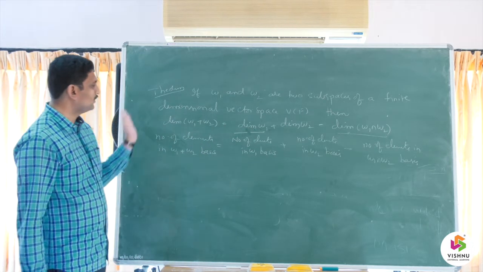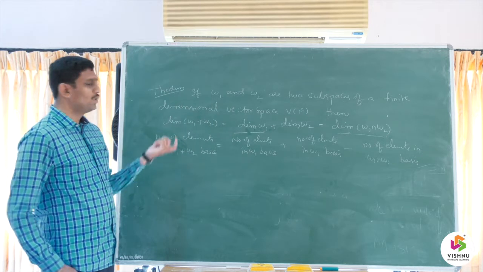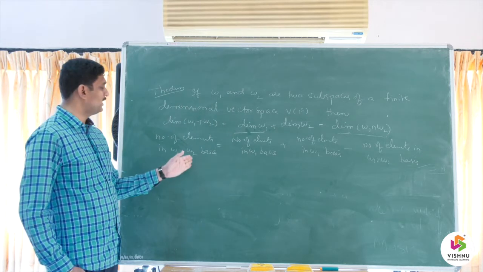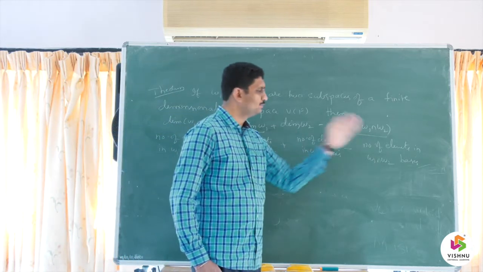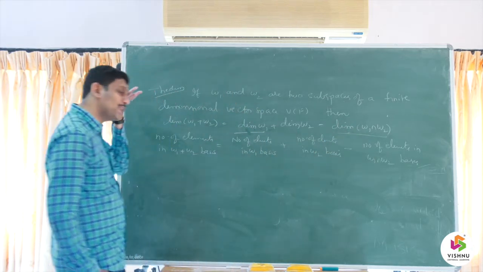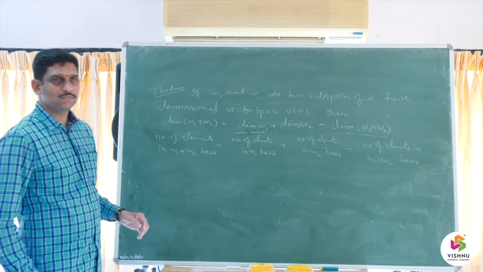So this is the concept of the theorem. If you want to know the number of elements in the basis of W1 plus W2, you need to perform this. So these three bases you should know, right?